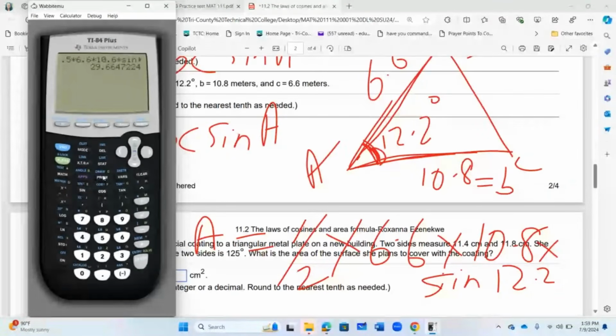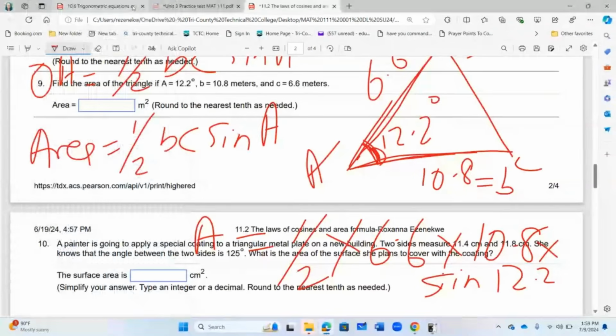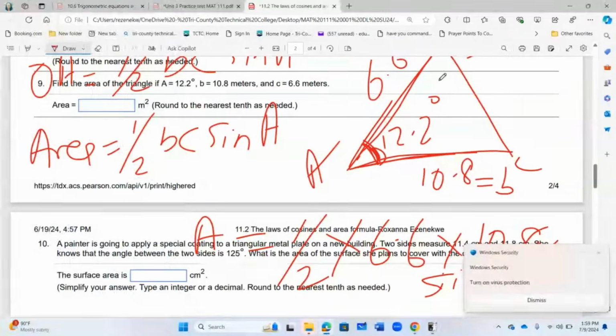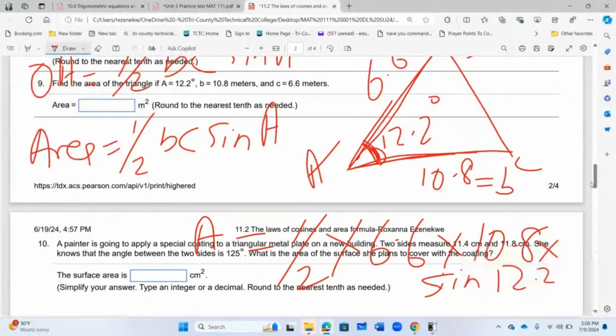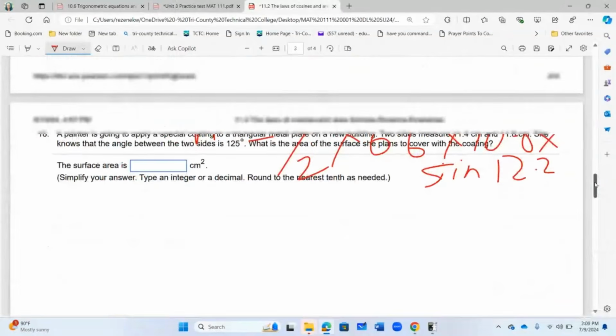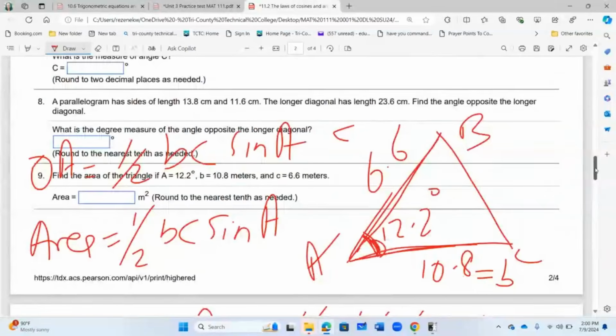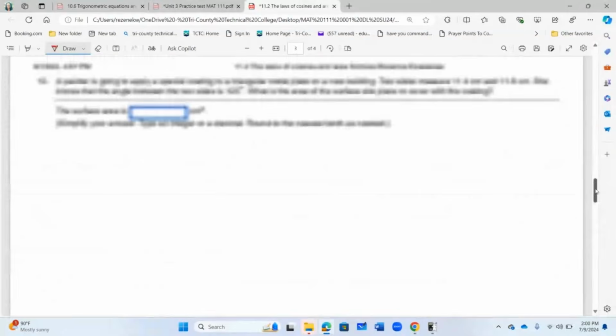Oh my goodness, it's almost 2 o'clock. That's why I made sure the test is not tomorrow. Next class we will work on vectors. Today we did the sine and cosine formulas.